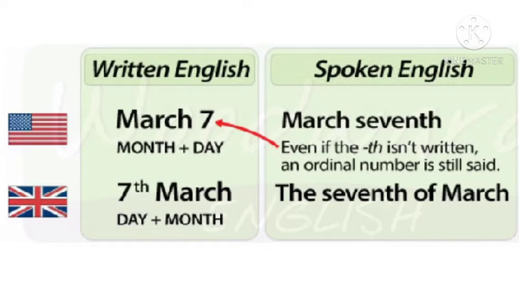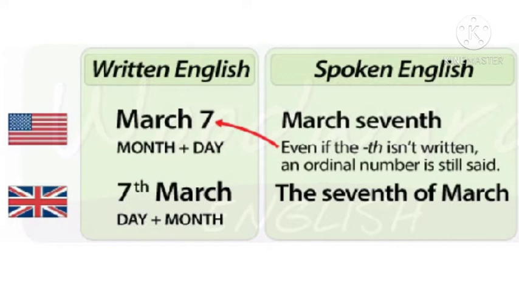In American English, they start with the month first, followed by the cardinal number of the date. However, in their spoken form, they say it in ordinal numbers. So, in the example, you could see that it says March 7th instead of March 7. While in British English, they write it in ordinal number followed by the month, and in their spoken form, they put 'the' in front of the date. So, it could be the 7th of March.